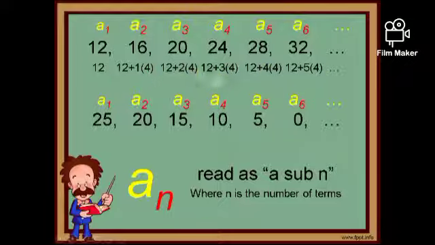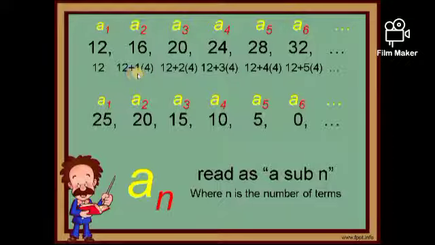Now, what is 4 in this sequence of patterns? Still remember what is 4? This 4 is called the common difference. Now, this 12 is the first term. So each term of the sequence can be written as our first term plus something times the common difference.